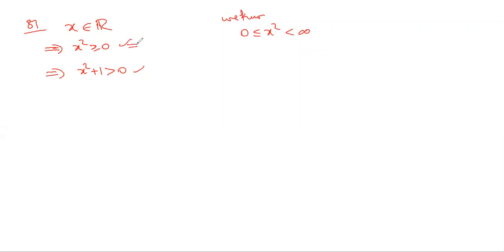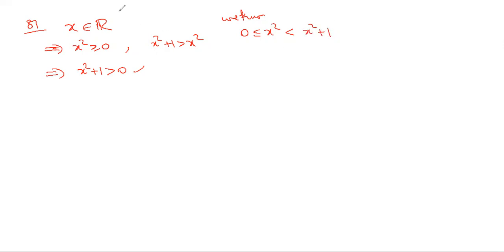From this, I can write x square plus 1 greater than x square also. Because when I'm adding 1, automatically for that you don't need x is equal to 0. I can directly write this fact. So using that fact, I can write here instead of infinity, it's less than x square plus 1.